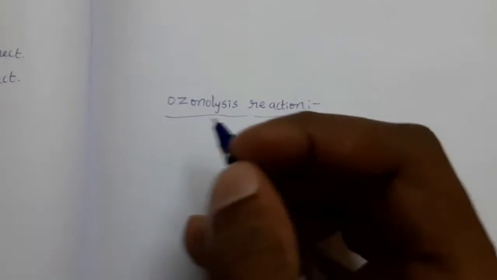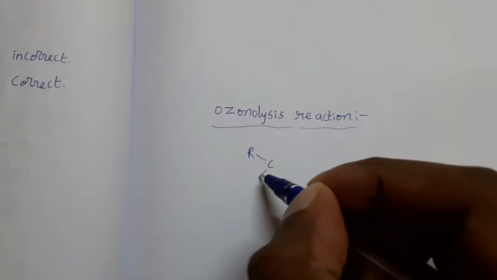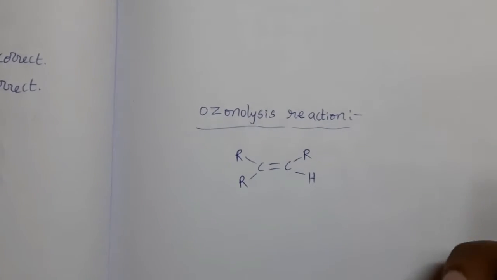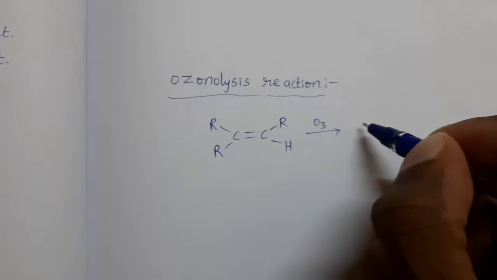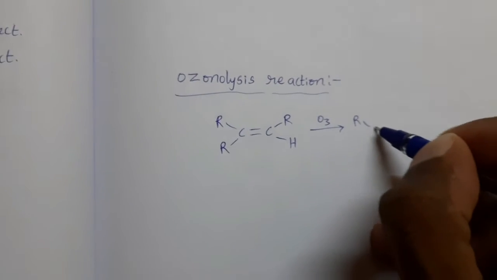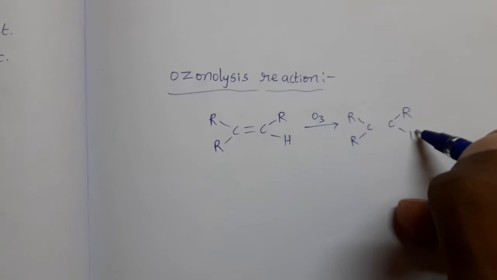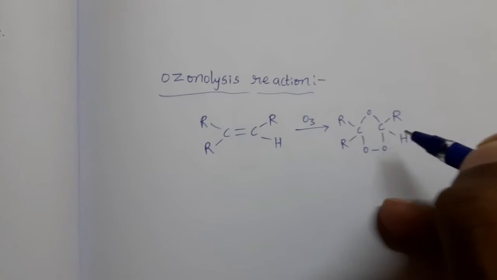Say this, the general representation for alkenes. This is the alkene general formula. It is treated with ozone, then we can get ozonide. This is the structure, with oxygen. This is ozonide.